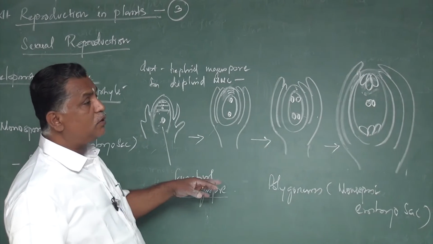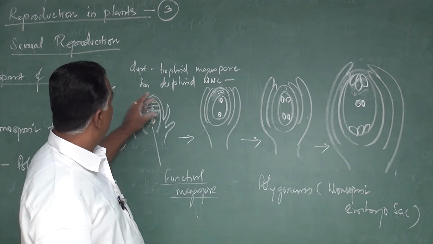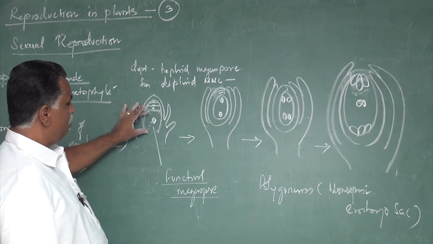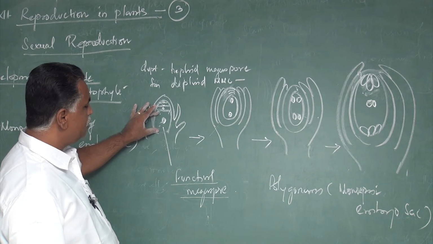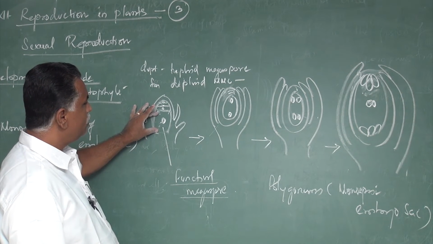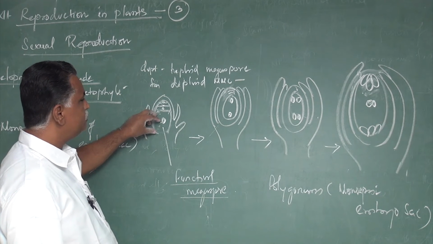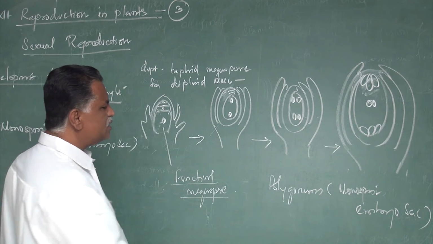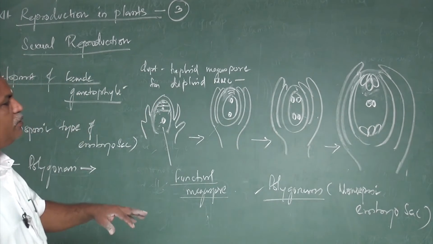We know that it is called monosporic because out of 4 cells, 3 cells disintegrate, and only one at the base or at the chalazal region, which is the functional megaspore, is involved in the production of the embryo sac.